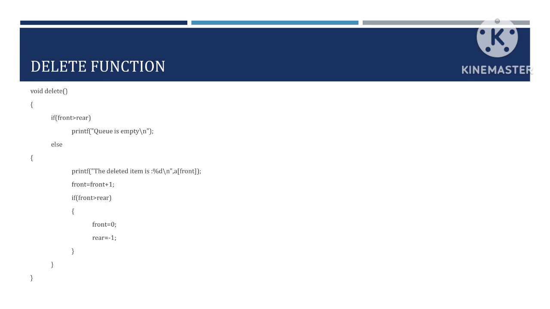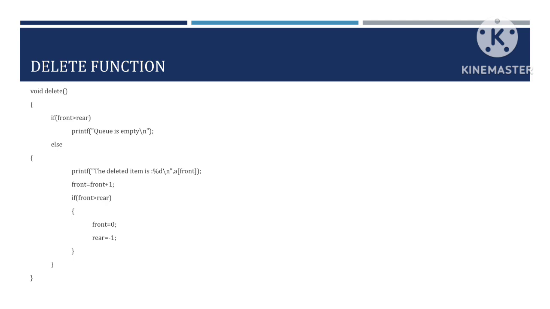So once the front value is incremented, immediately we have to check whether that front is equal to rear or not. That means after maybe one deletion, the queue may be empty. So for that checking, immediately after deletion, we have to check whether the front is greater than rear or not.